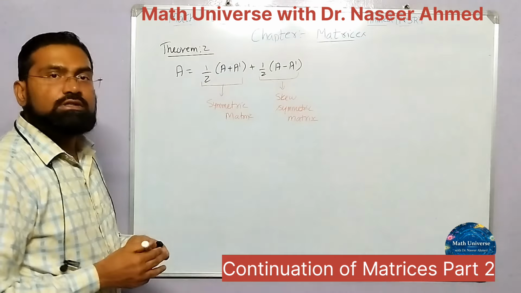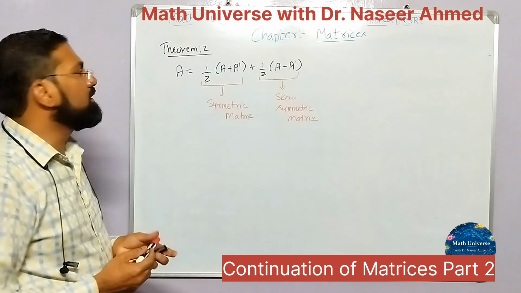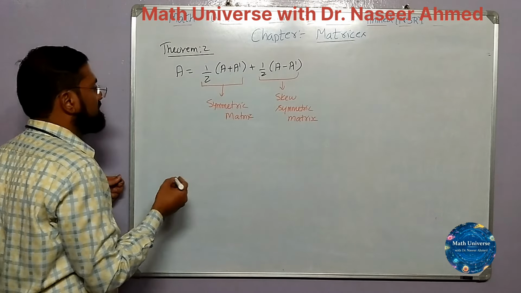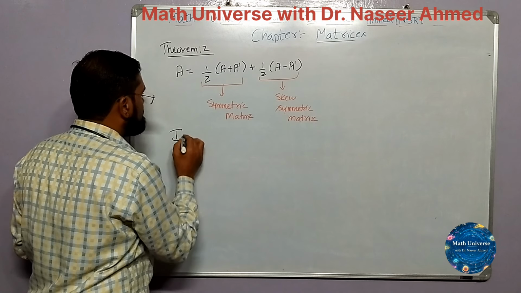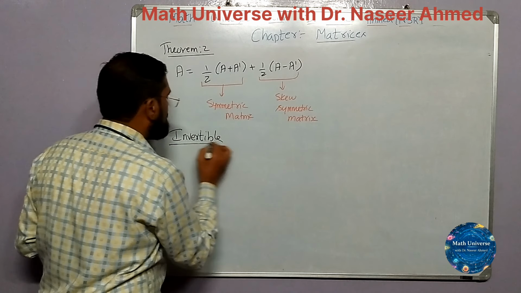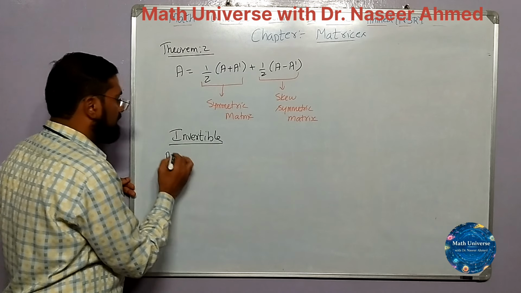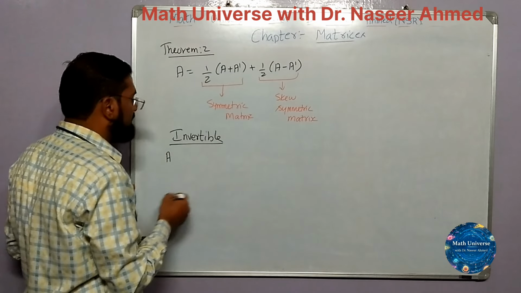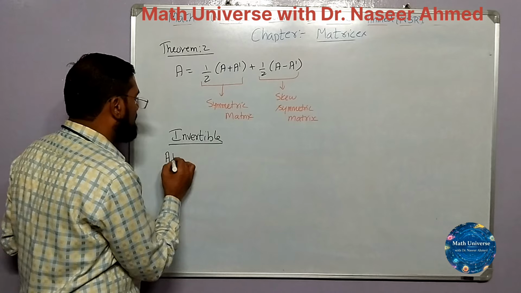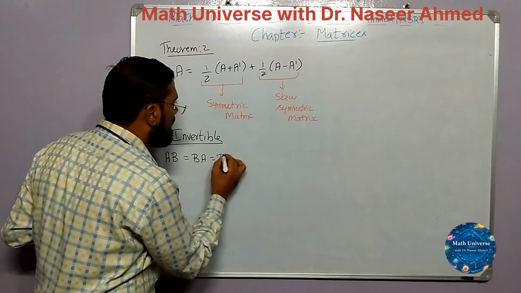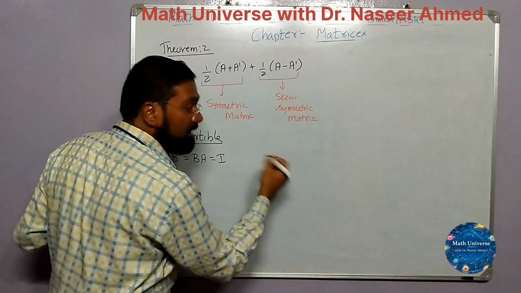Now let us move on to the next concept, that is invertible matrices. Now what are invertible matrices? A square matrix A is said to be an invertible matrix if there exists a matrix B such that the product of AB and BA should give us I. It's the same as in the real number system.